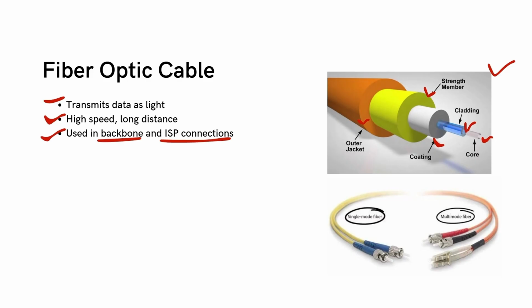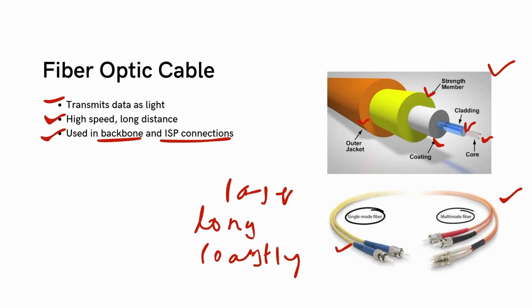ठीक है. There are two types of cables, single mode and multi mode. So single mode fiber is for a long distance, and it is very costly, and it uses laser light, while multi-mode fiber is for short distance, and it is cheaper, and it uses LED light.